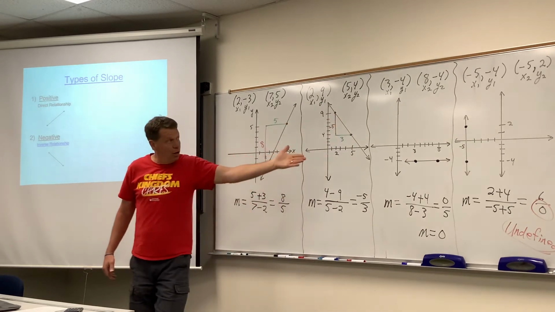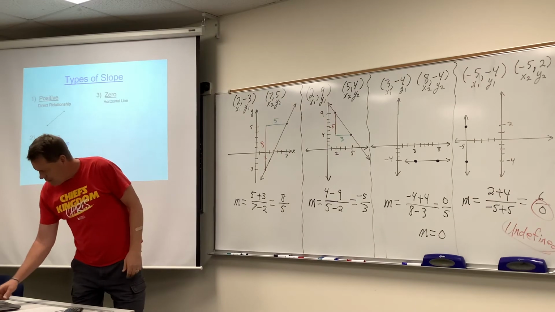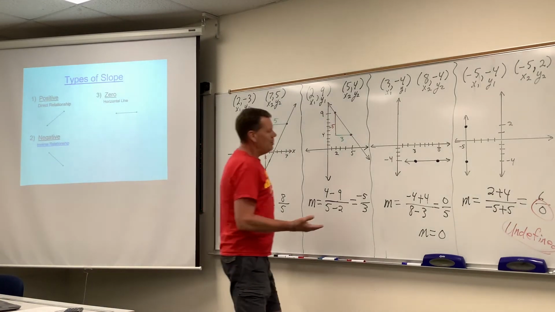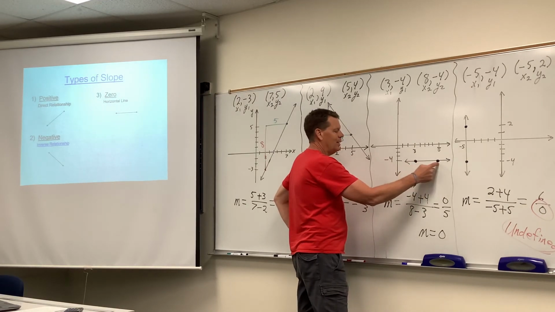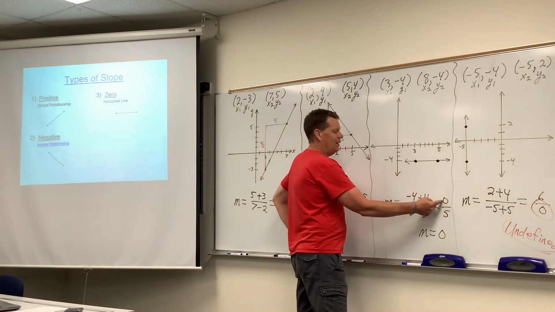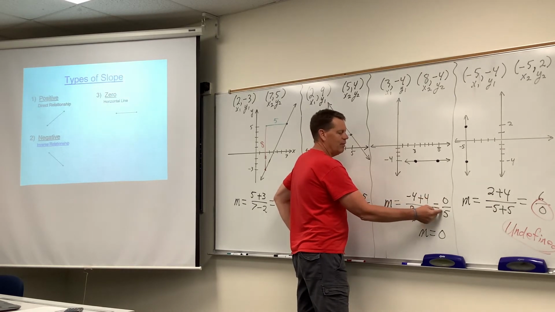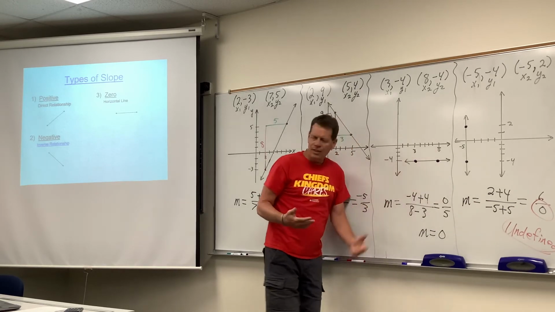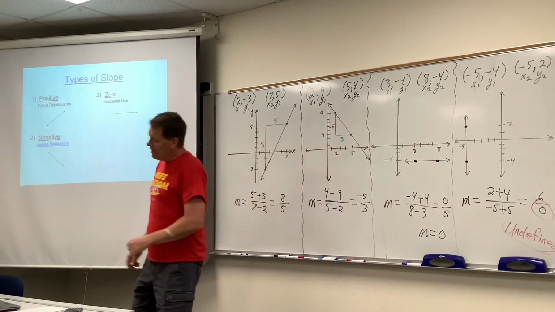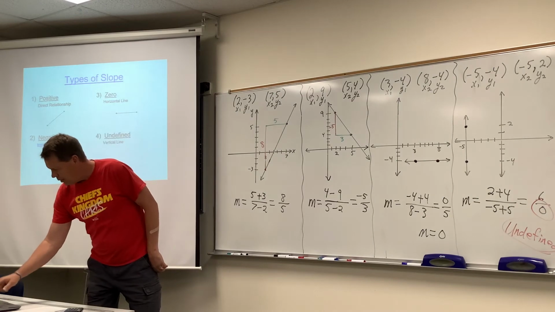All right, 0, the next example, that's always going to be a horizontal line. Because if you think about it, when you move from one point to another on a horizontal line, you won't have any rise, but you'll have some run. So you'll have 0 divided by something, and 0 divided by something is 0. So every horizontal line would have a slope of 0. And then that last one, undefined, that's a vertical line.